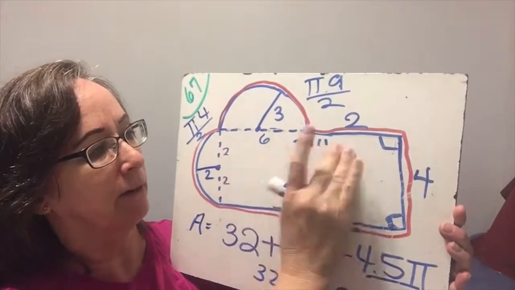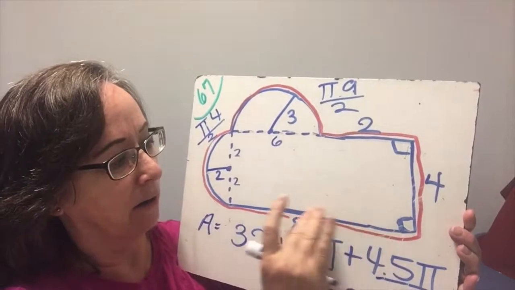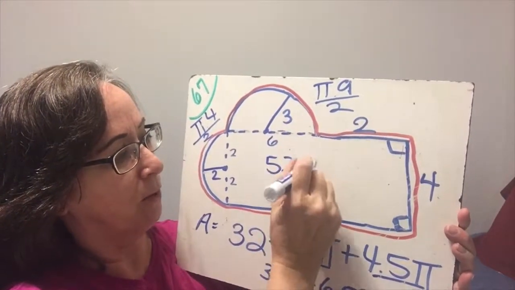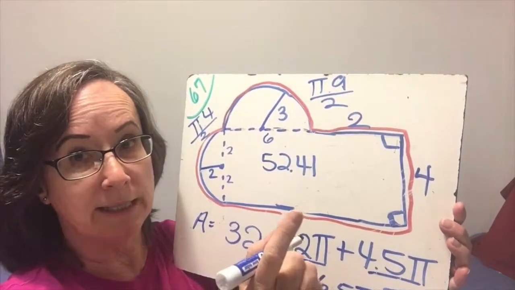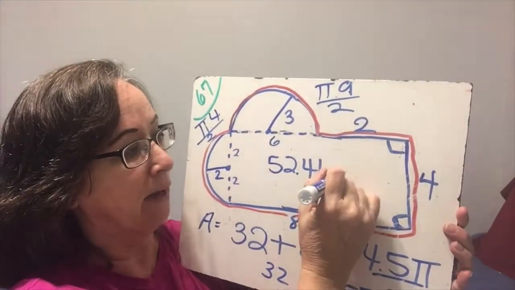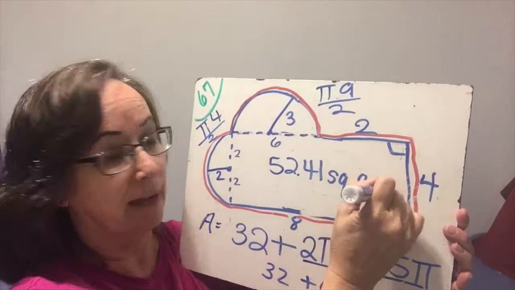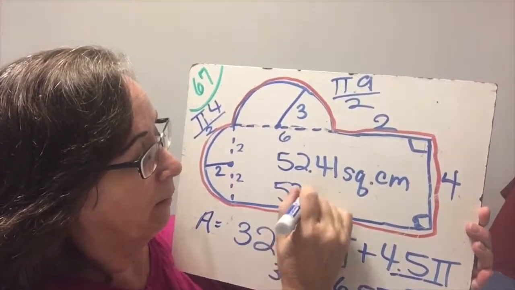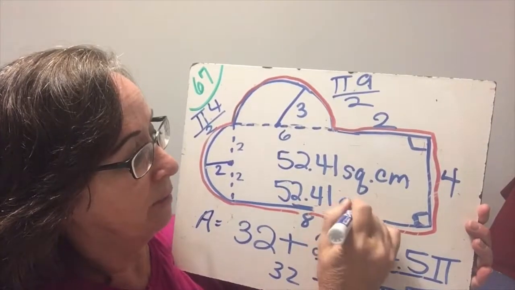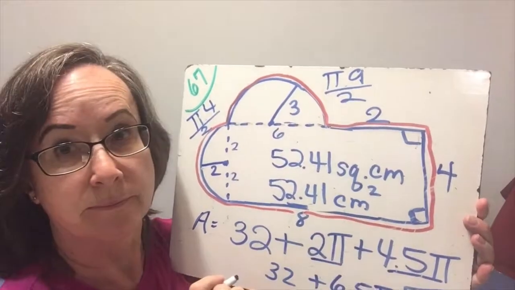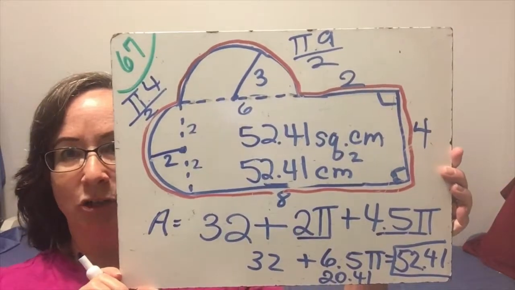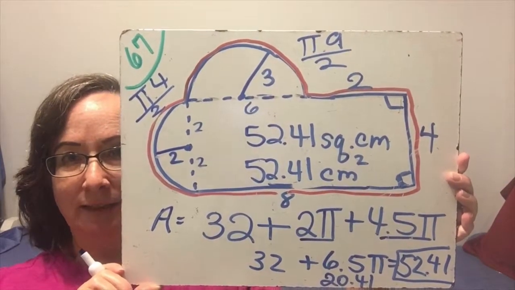Okay, so let's write our answer correctly for our homework paper. 52.41. Now there's two ways that you can write it. You can write out square centimeters, and that's fine. Or you can say 52.41 centimeters squared. They're both correct. Okay, so there is your area calculation.